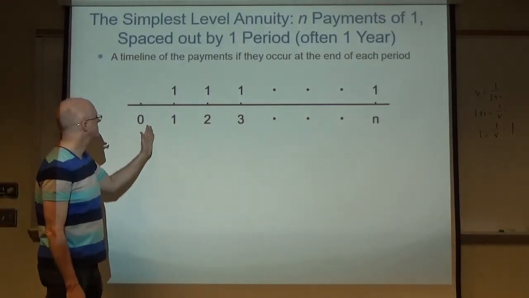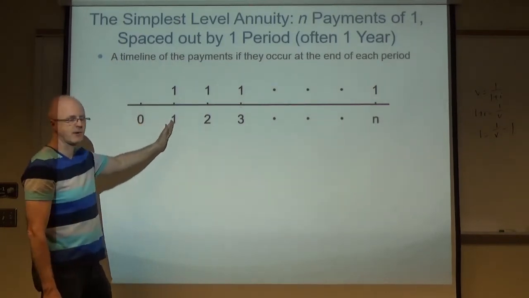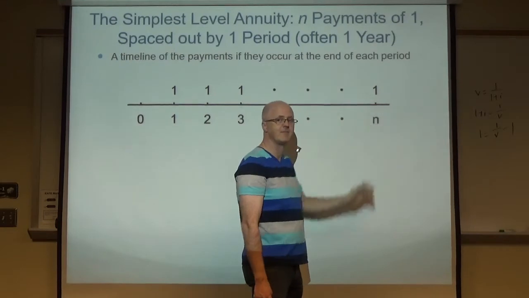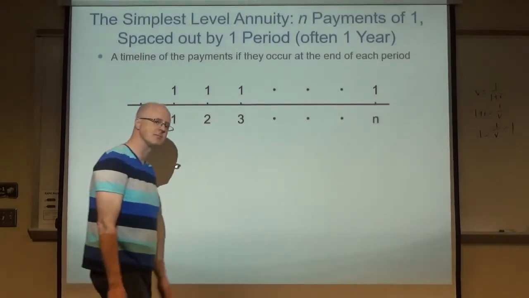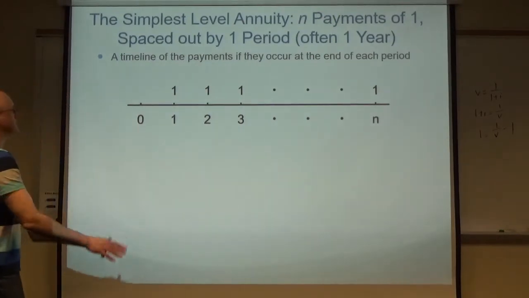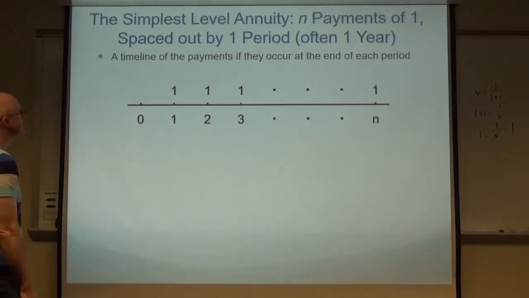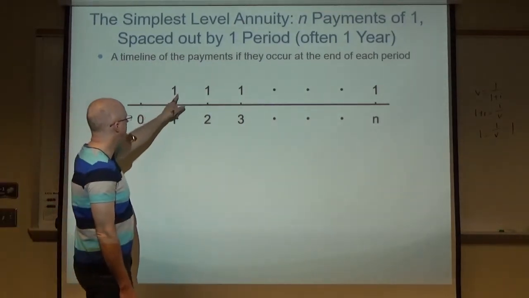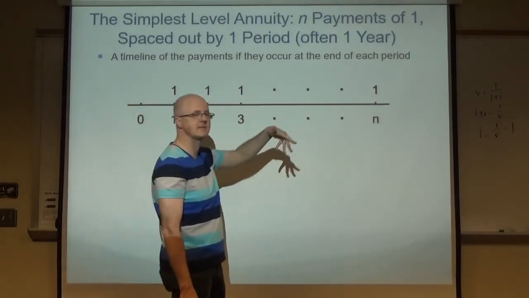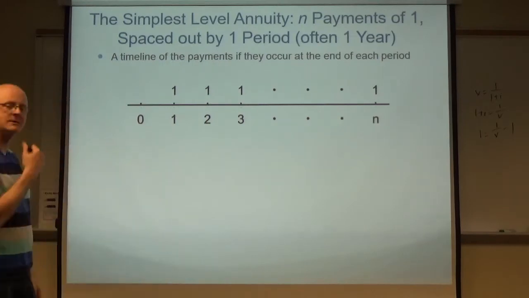So here is your timeline with your times, time 0, time 1, time 2, time 3, etc. through time n. N is often an integer, but doesn't necessarily have to be, though almost always in this kind of setup it is. And then you've got these payments of 1, then 1, then 1, etc., n payments of 1 at those moments in time.